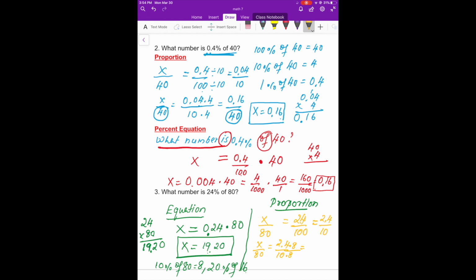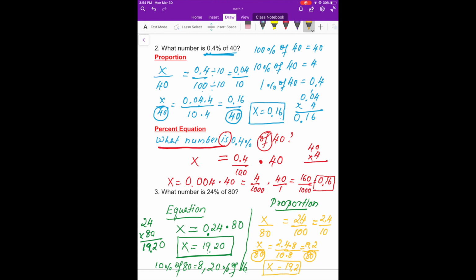When you multiply, 8 times 4 is 32, remainder 3, 2 times 8 is 16, plus 3 is 19. So 19.2 over 80. Now since we have the same denominator, the numerators have to be equal. So x is equal to 19.2.